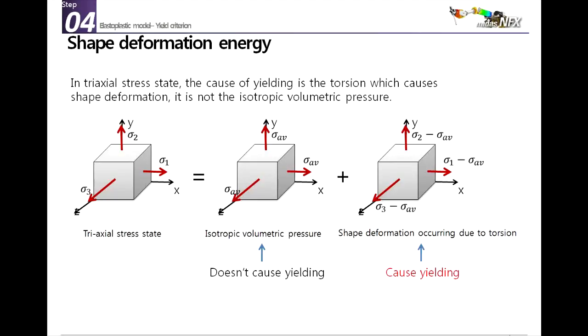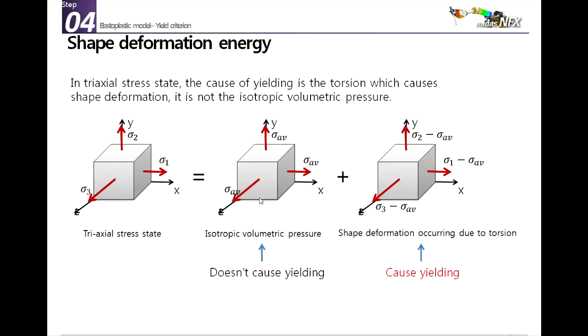what really causes the yielding inside this model is the torsion. And actually you can divide this triaxial state into 2 states. One is called the isotropic volumetric pressure.